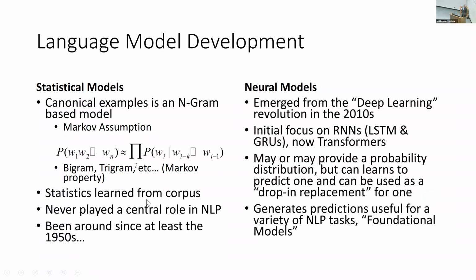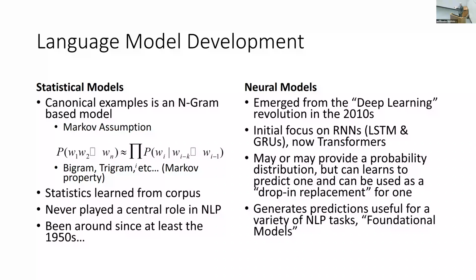The thing about these language models is they never really played a central role in NLP. Yes, they were useful for some tasks, but you could do a whole bunch of things and never involve a language model at all. The neural models aren't that way. They came out of the deep learning revolution in the 2010s. Initially they were RNNs, like LSTMs and GRUs, but now it's all transformers.